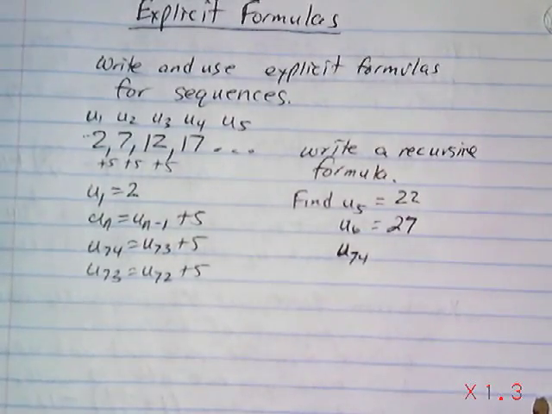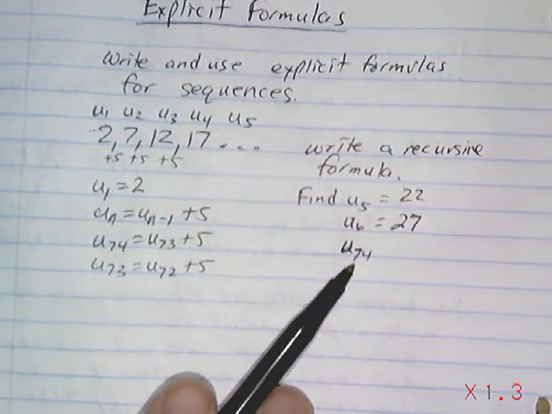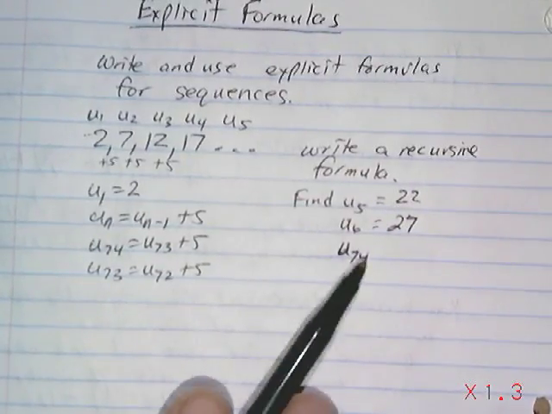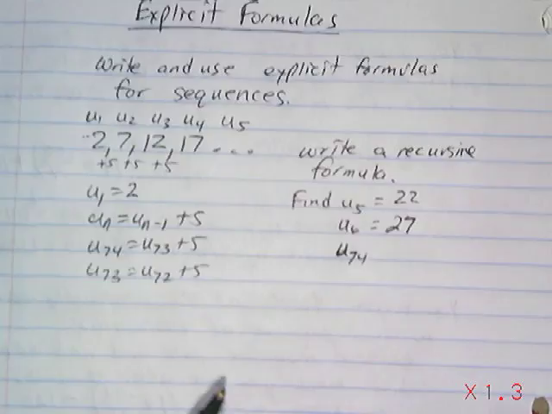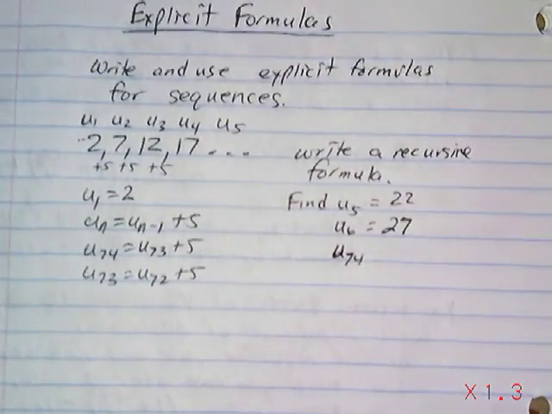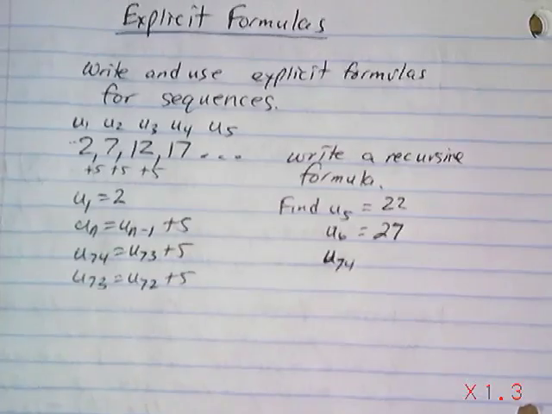That would involve adding 5 73 times, because from u sub 1 there are 73 steps of adding 5 before we get to u sub 74. It could be done, but it's time consuming. What if I ask you for u sub 260? You're going to do that one too?